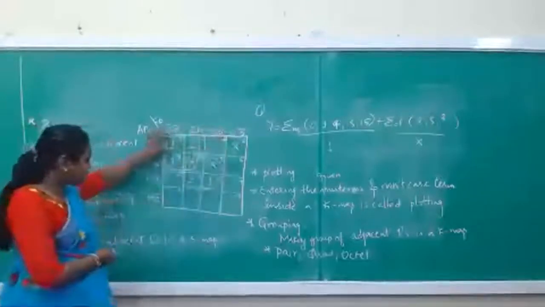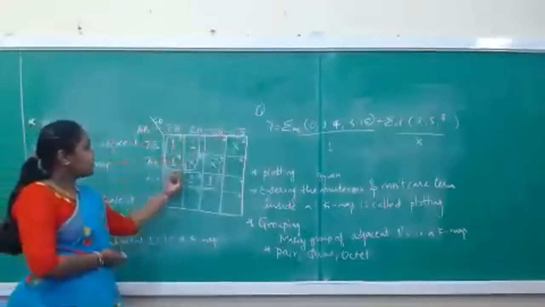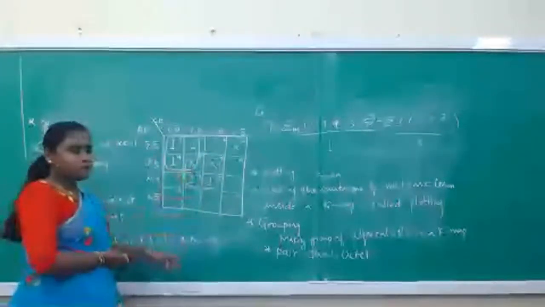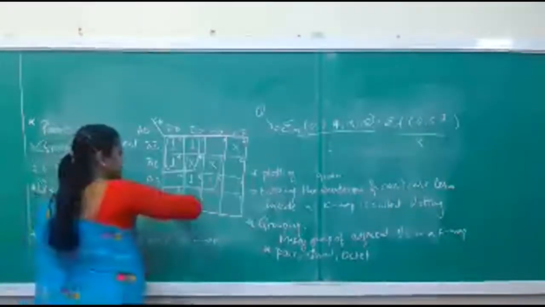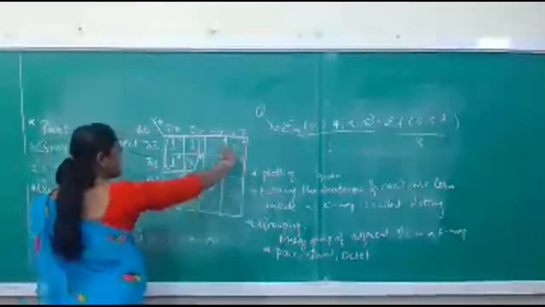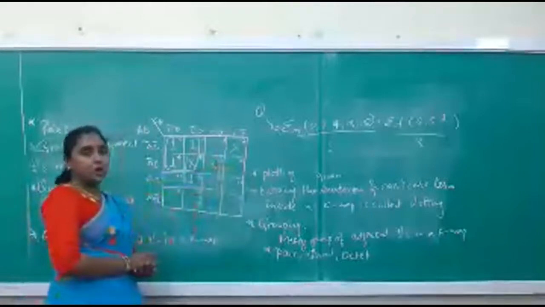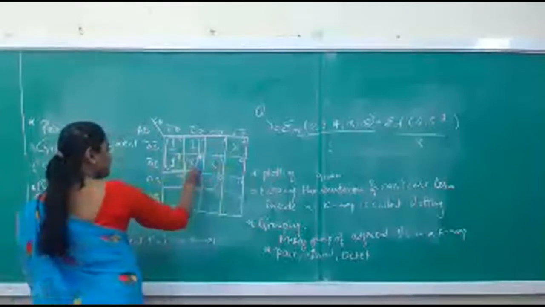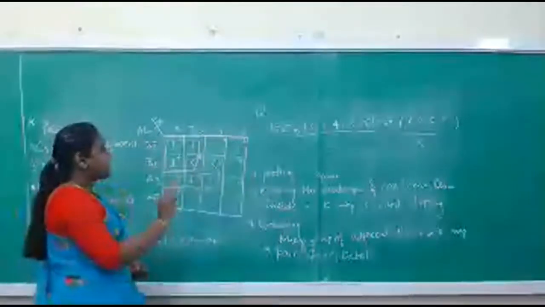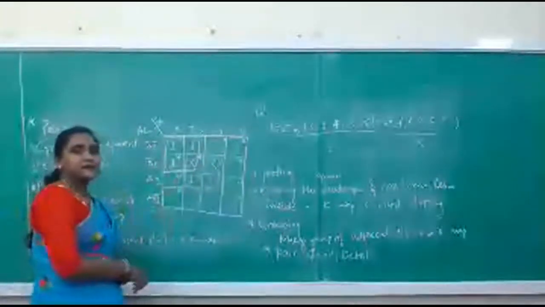That means if the 4 ones are like this, it should be in square form. You should not make a group of fours like this. That is the wrong method of making groups. We can take group 1 here and group 2 here. This is the only possibility of taking the groups.